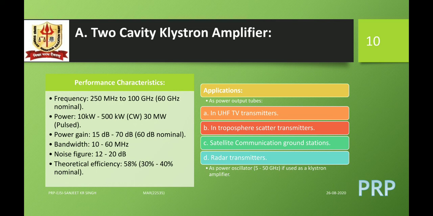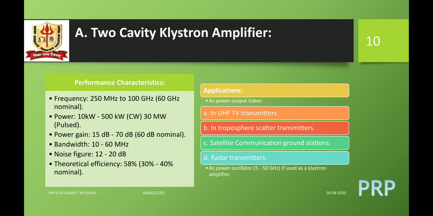Noise figure is high, 12 to 20, due to the noisy bunching process or incomplete bunching taking place, and theoretical efficiency is 58%, and nominally 30 to 40% efficiency is obtained.